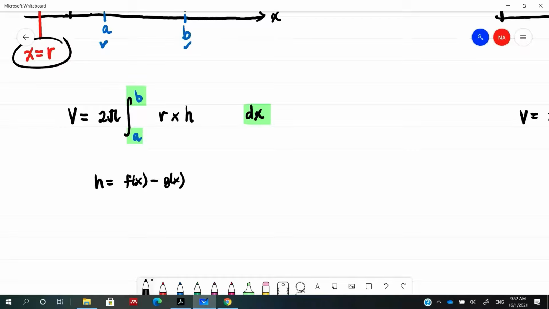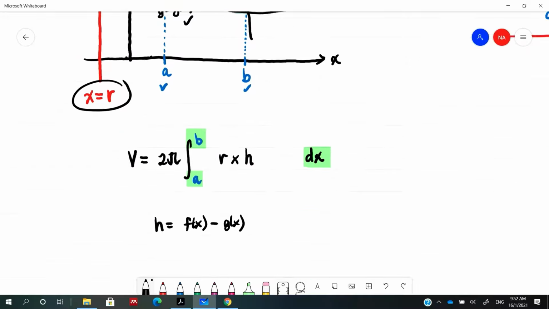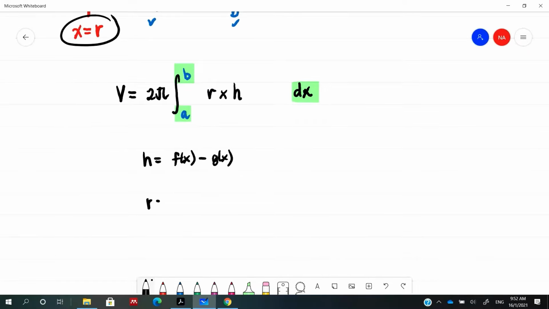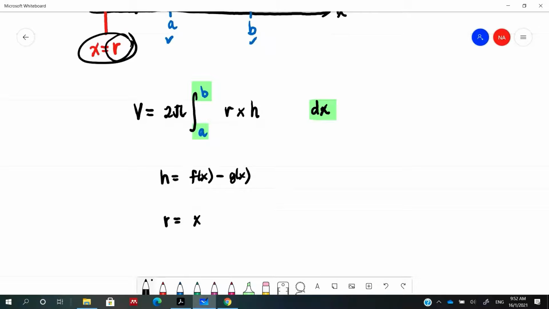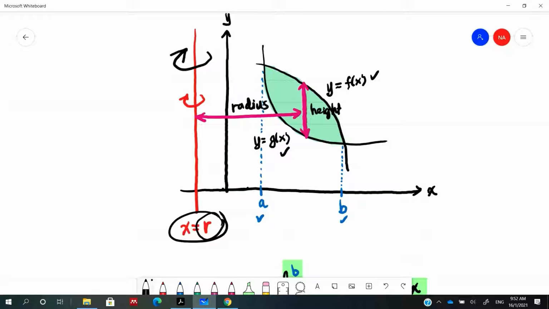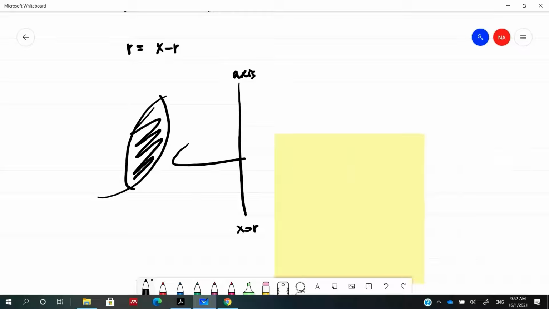This is in general functions, but for the radius, we know that it is in terms of x, so look at the axis of rotation. If the region is at the right side of the axis, the radius is x minus that axis, which is x minus r in this case. But in some cases, you have a region somewhere around the left side of the axis. Suppose this is the axis, x equal to r, and this is the region that we want to rotate about this line.